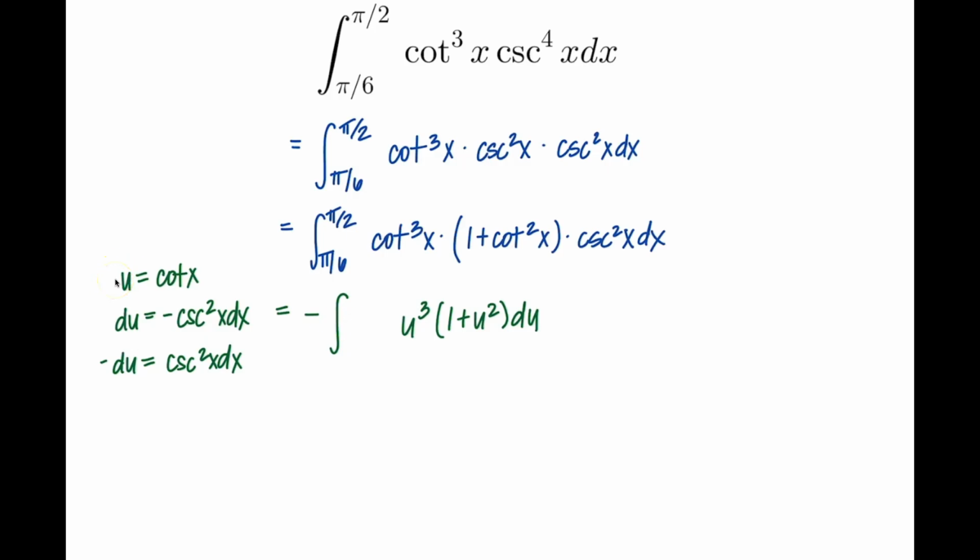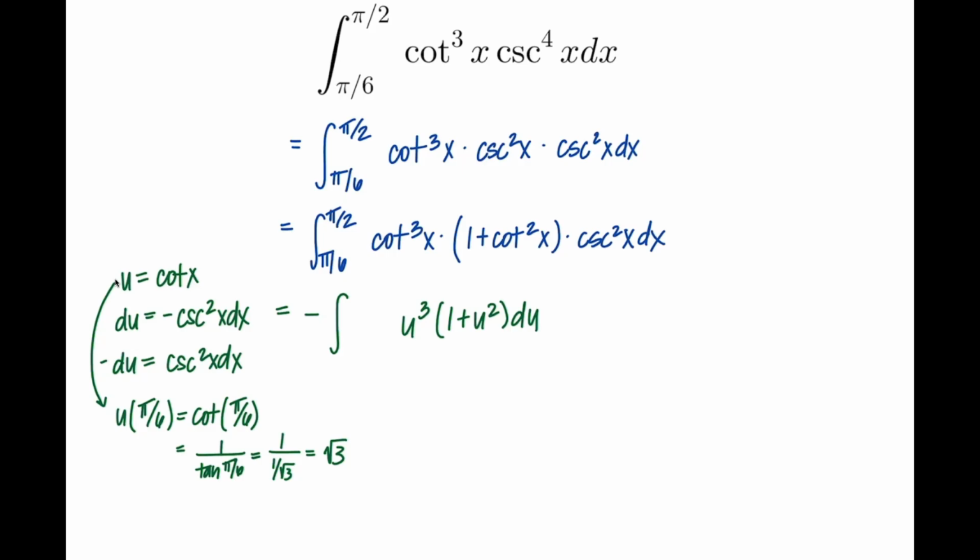So I'm going to go ahead and substitute in pi over 6 into cotangent. So cotangent of pi over 6. All right, that's 1 over tangent of pi over 6. So 1 over rad 3. Well, that's just radical 3.